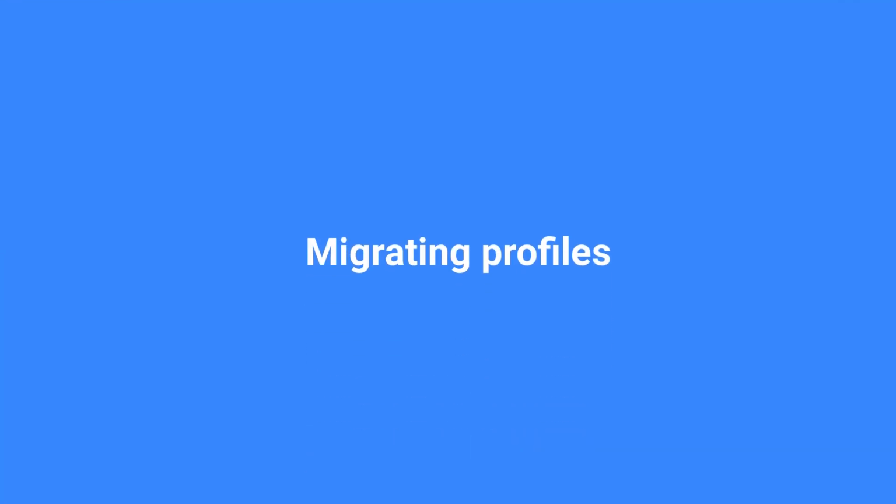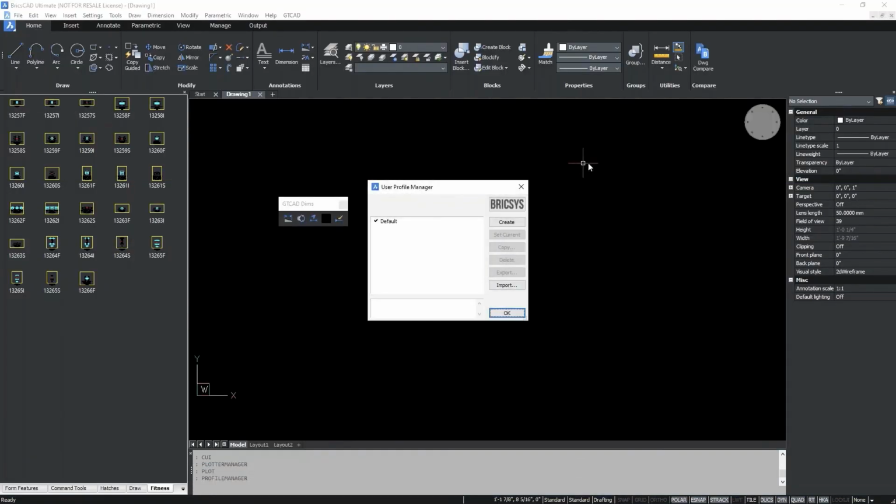And the last piece of the equation is to use the profile manager like this. And this simply allows you to take all of the settings that we've been manipulating and create an external ARG file, just like AutoCAD. And then you can use Profile Manager to import those settings on another machine.